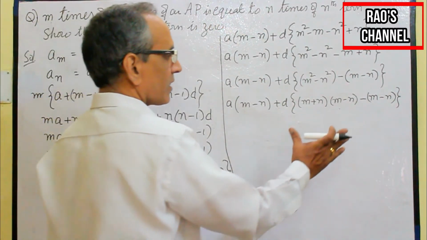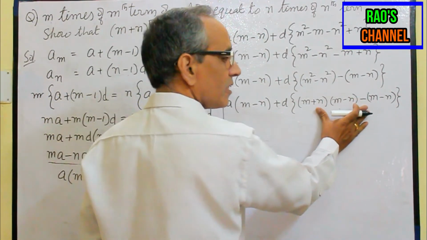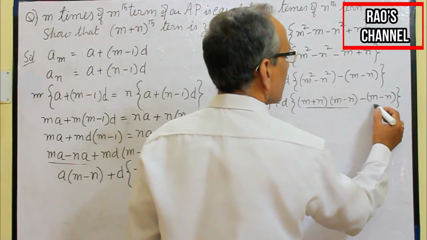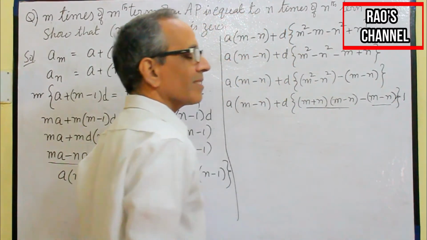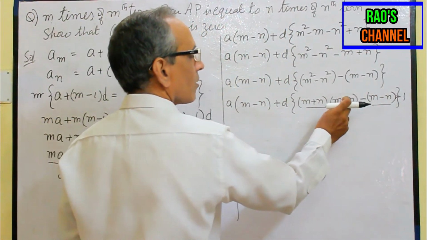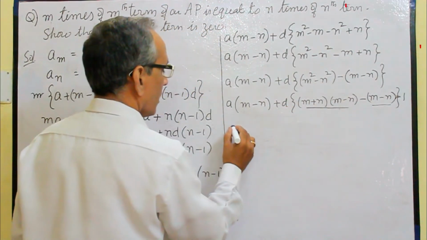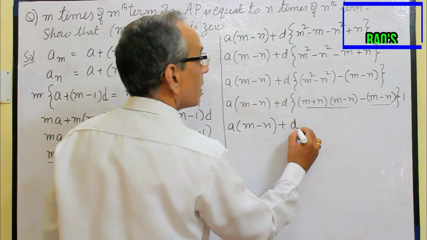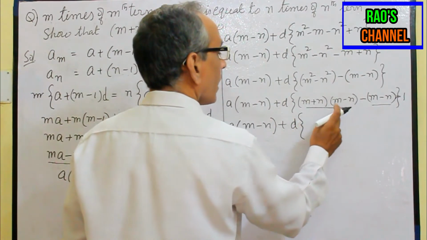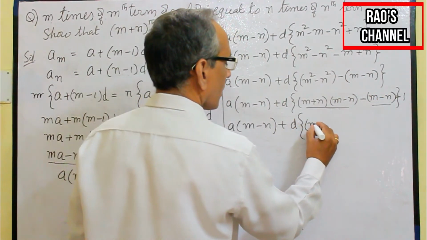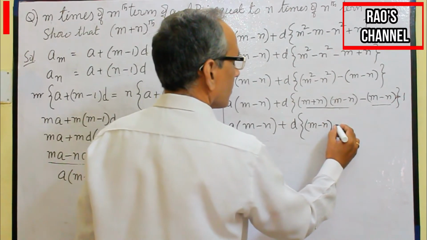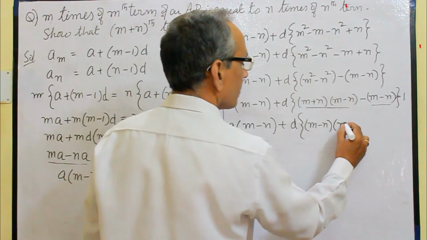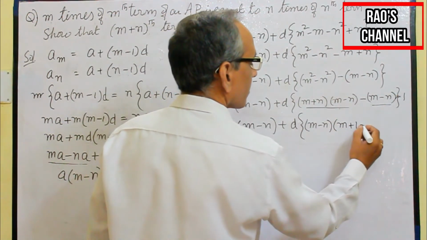Now if I factorize the terms in the bracket, m minus n is the common factor, with the uncommon factors m plus n and minus 1. So A(m minus n) plus d(m minus n)(m plus n minus 1).